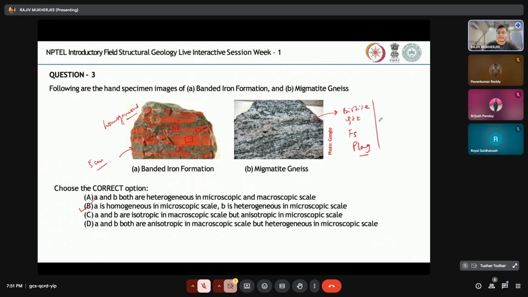There can also be some mafic minerals, like amphibole, pyroxene, anything. So even if you prepare thin sections from locations like here and here and here or here, you will see deformed structures and heterogeneous composition.